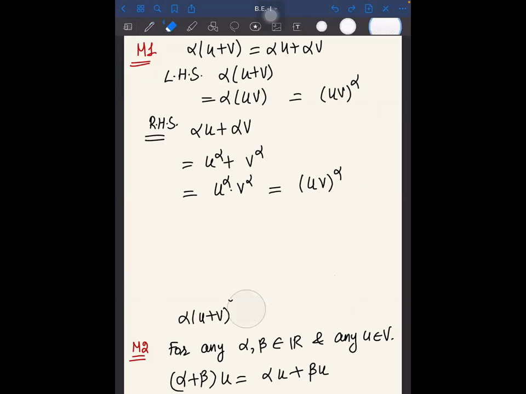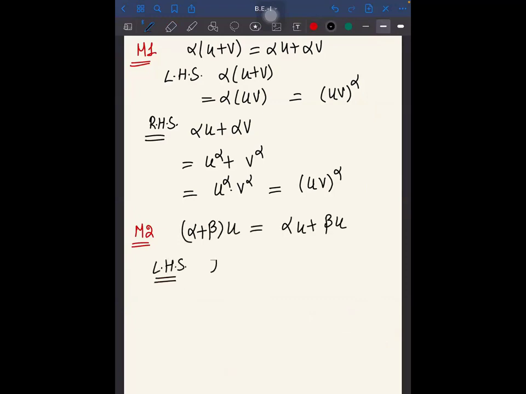So let's now come to the M2. Alpha plus beta times u should be equal to alpha u plus beta u. Alpha plus beta times u can be written as u raised to power alpha plus beta. Now you cannot write u raised to power alpha into beta. Why is it so?